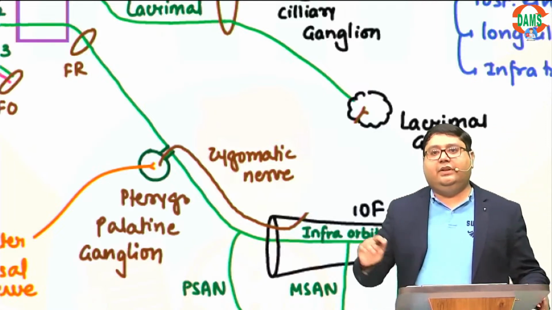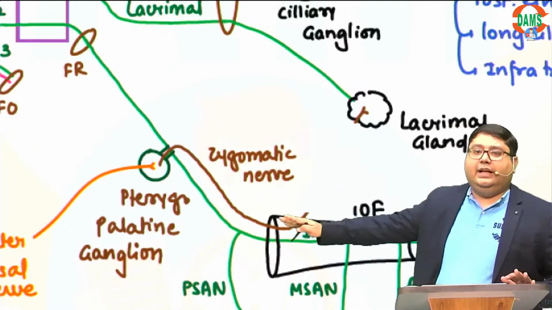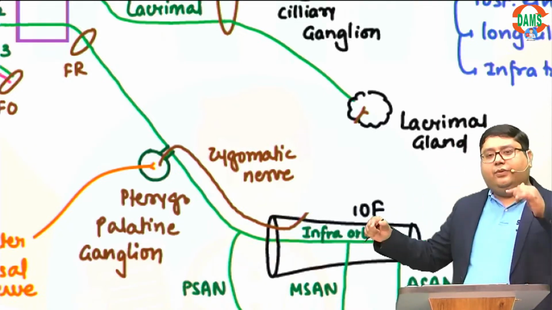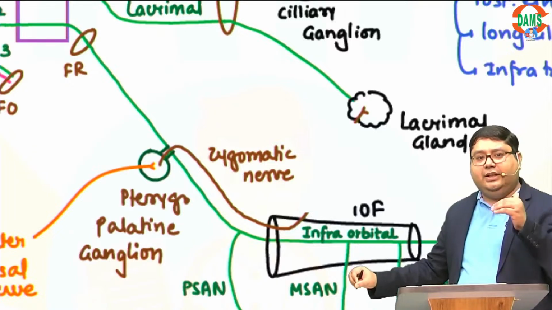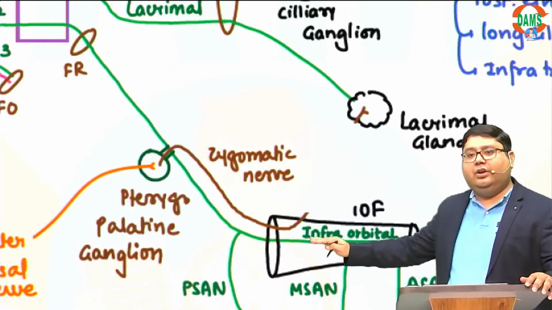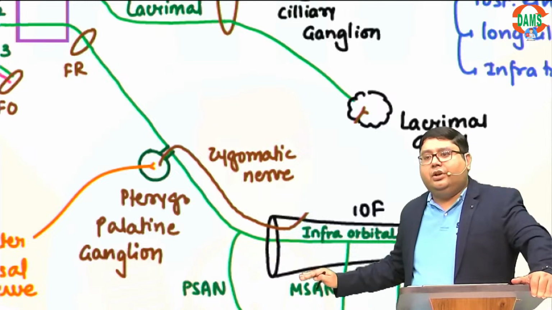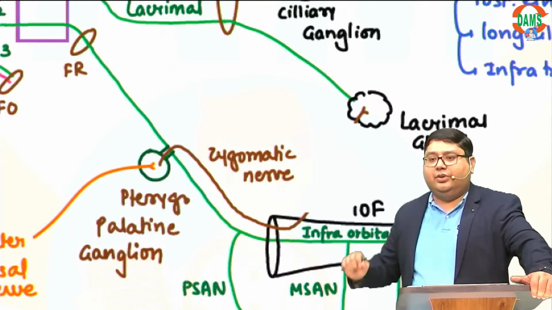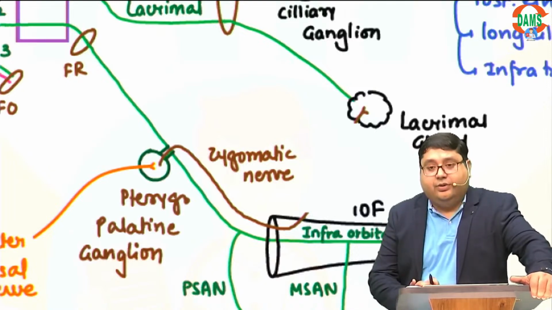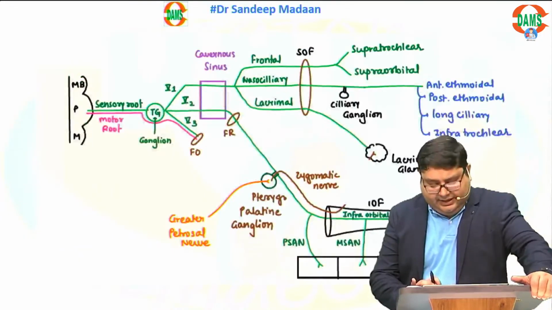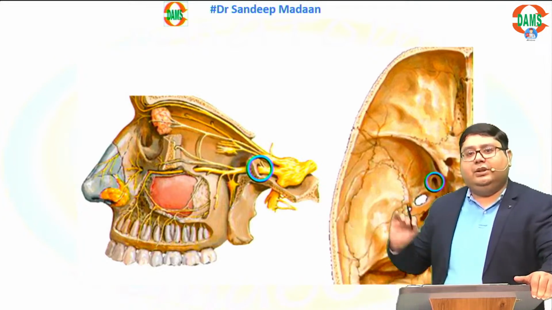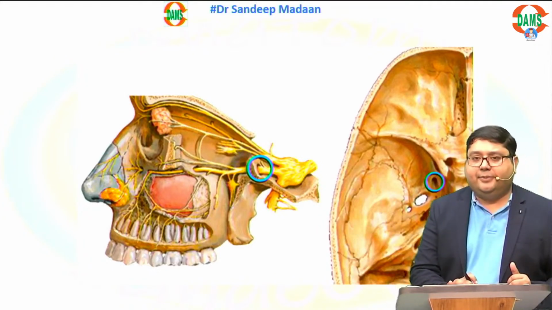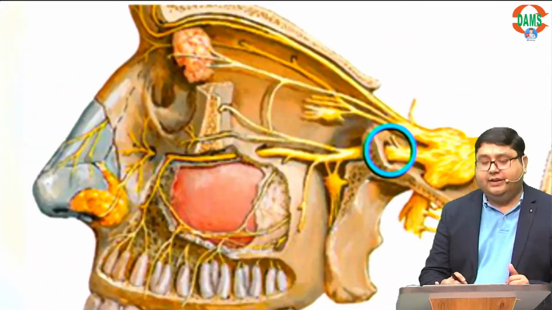After that it will go in the floor of the orbit, and the nerve will go here, that is the infraorbital nerve. In the floor of the orbit, the infraorbital nerve is nothing but the continuation of the maxillary nerve only. All right, now let us move on to the next slide. Here I'll show you all the branches one by one. Okay, basically we will discuss it together. Now dear friends, I have zoomed in.